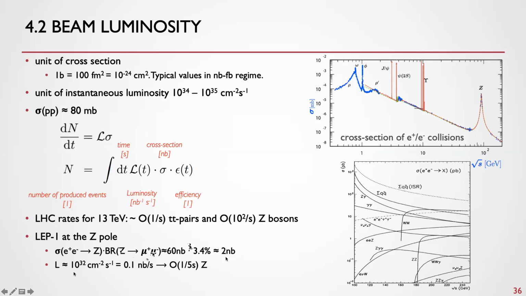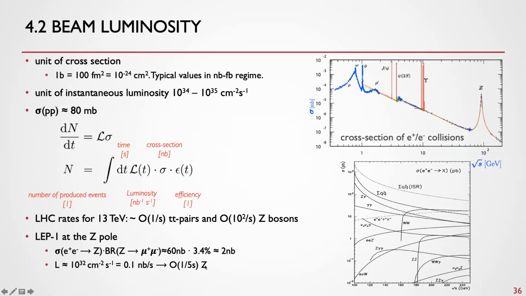The instantaneous luminosity, so the luminosity per unit of time, at LEP was roughly on the order of 10 to the 32, so 2 orders of magnitude less, which means roughly 0.1 nanobarn per second, and every 5 seconds a Z boson.